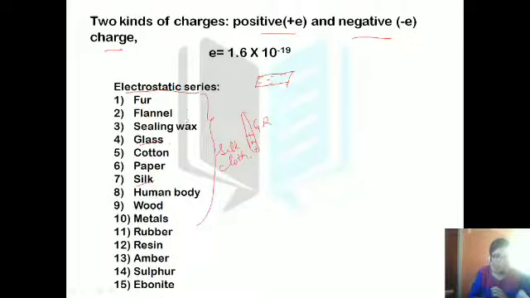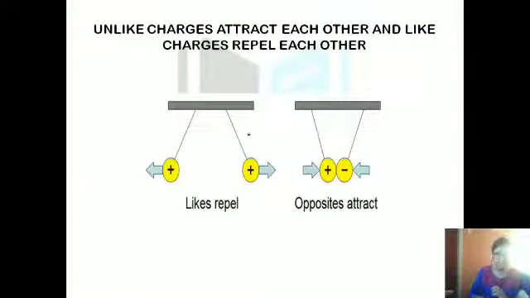So from the series, what we can see is that if the object is above, then that object will acquire positive charge. Clear? That means here silk is below the glass, so the silk cloth will acquire negative charge and the glass rod will acquire positive charge.